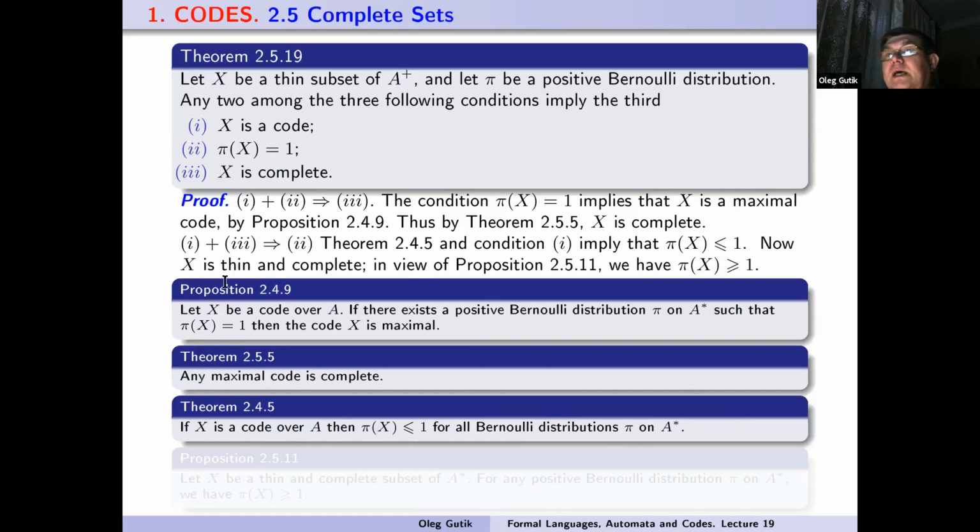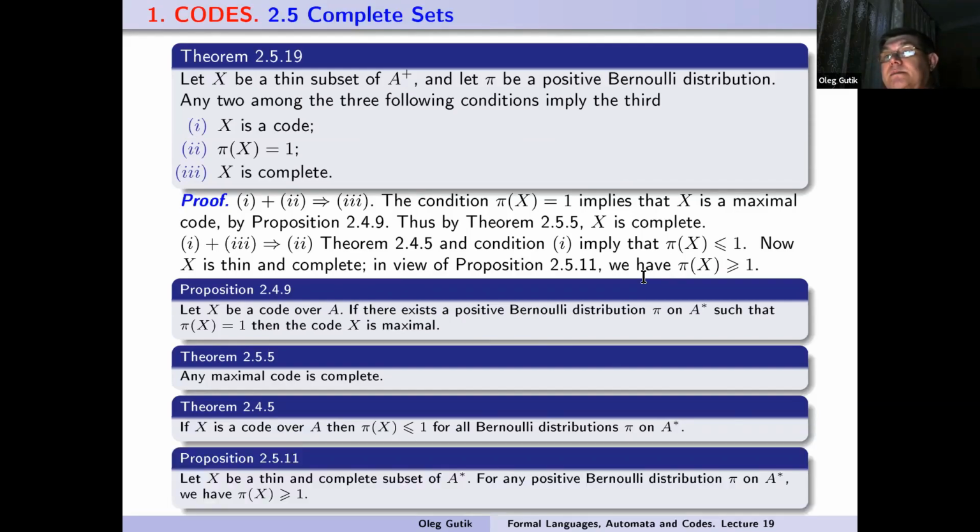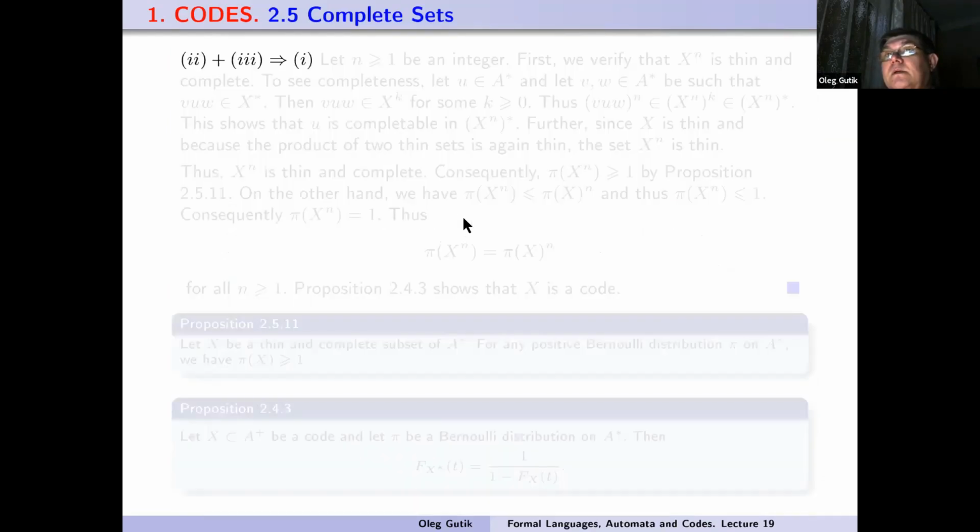Now, we get that X is thin and complete. In view of Proposition 2.5.11, we have that π of X is greater or equal to 1. Good. And statement 2 and statement 3 imply statement 1.